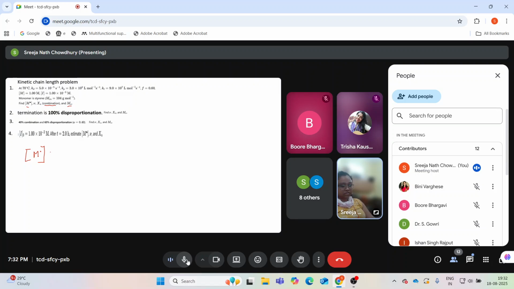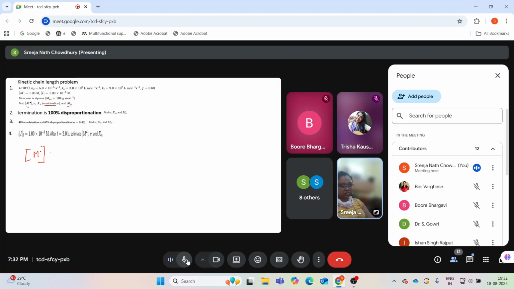Now we have to calculate the kinetic chain length, that is nu. Nu is equal to, as I have shown you, Kp M divided by 2 Kt M dot. This is the formula for the kinetic chain length. Now put in Kp, which is 3 into 10 square.